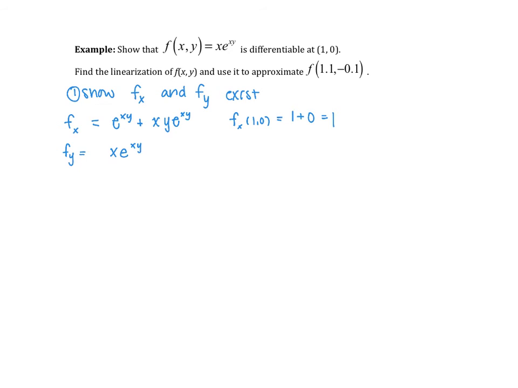The derivative of xy would just be x. Let's simplify that to be x squared e to the xy. And if I evaluate that at the point (1, 0), we get 1 squared e to the 0, which is 1.